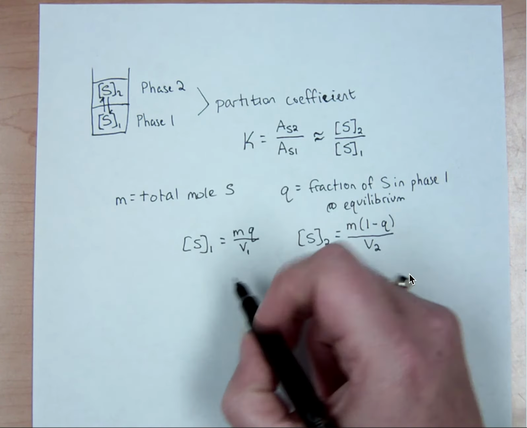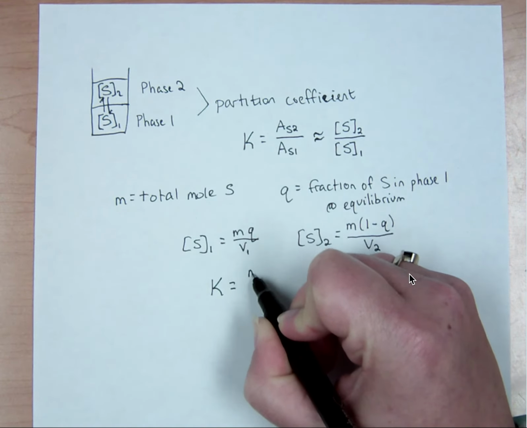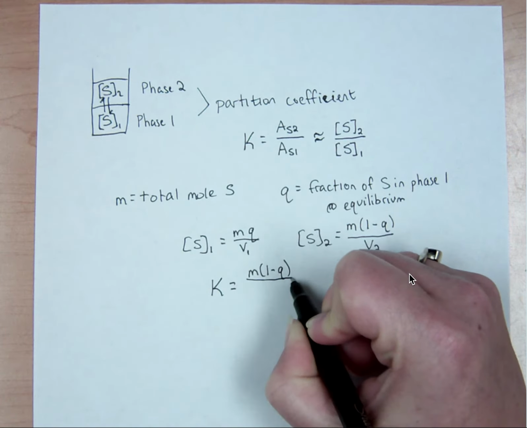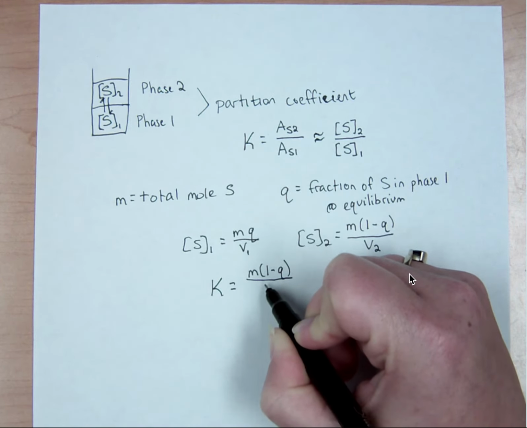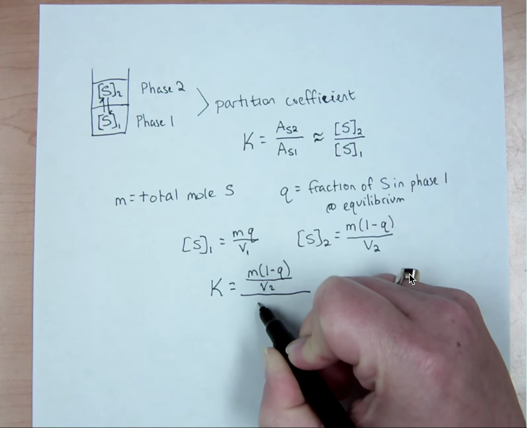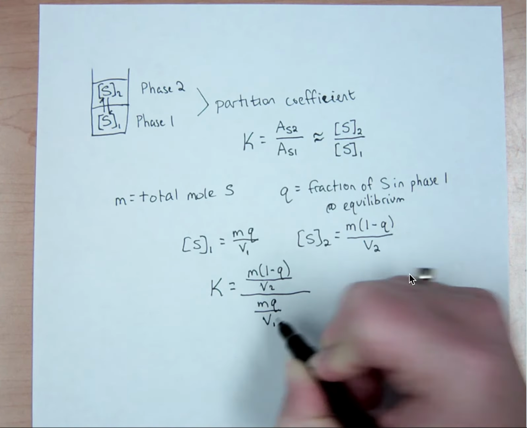So if I bring this back to my K equation and plug these values in here, we've got concentration of S in phase 2 divided by concentration of S in phase 1.